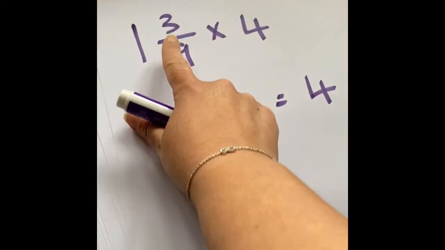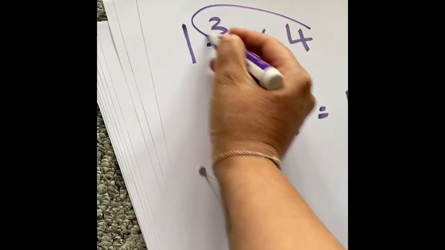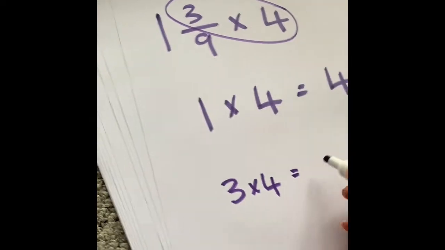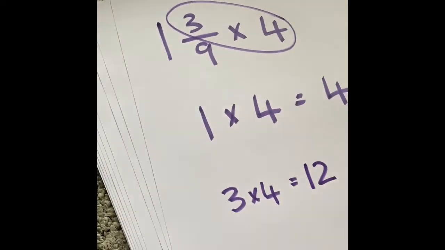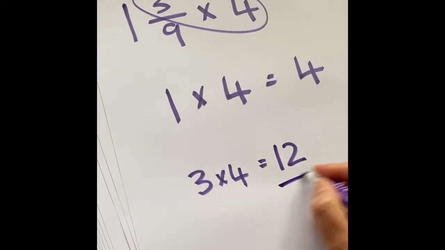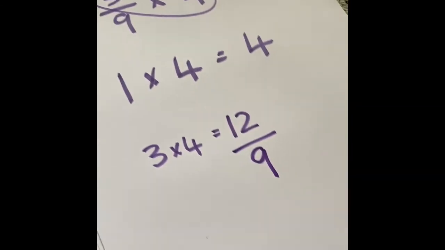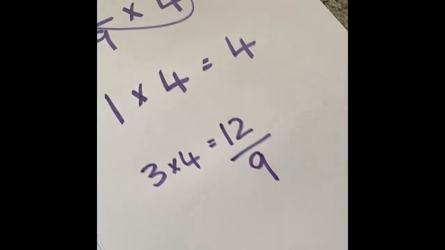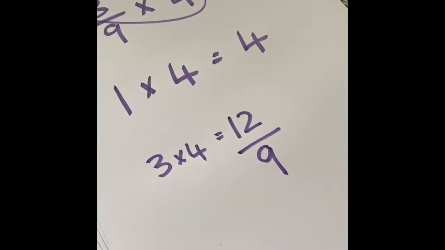I'm going to think about the relationship here. So I'm going to circle this: 3 times 4 equals 12. But it's not 12 as in a whole number, it's 12/9. Now I need to think about how many wholes of 9 I can fit into 12.